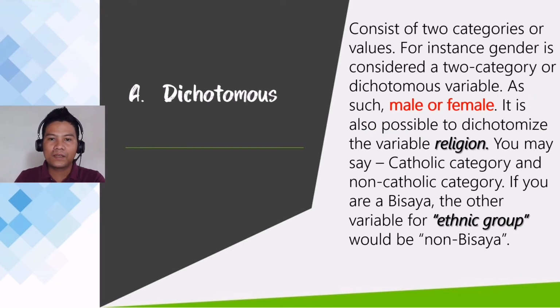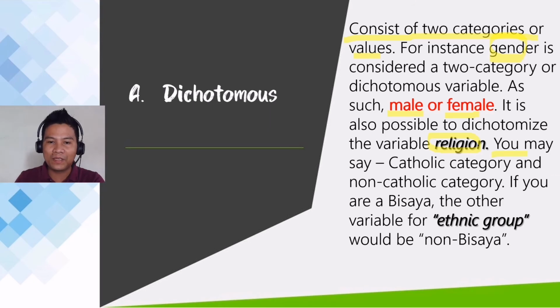Dichotomous. It consists of two categories or values. For instance, we have gender. Gender is considered a two-category or dichotomous variable. As such, we have male or female, so two. It is also possible to dichotomize the variable religion. Despite having so many religions in the world, we can still dichotomize it.